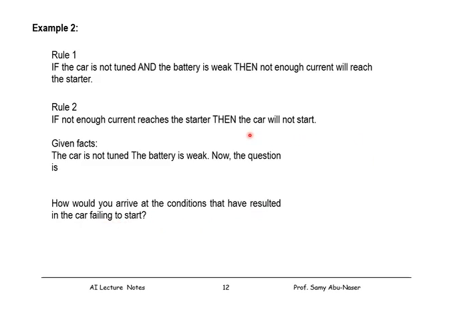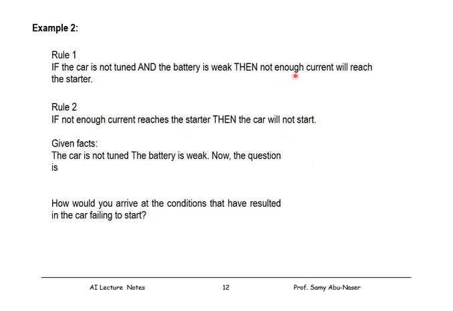The car will not start is here in rule 2, on the right. So when we execute it, it will give me not enough current reaches the starter. This is our new goal. Not enough current reaches the starter. Where is that on the right hand side of the rules?